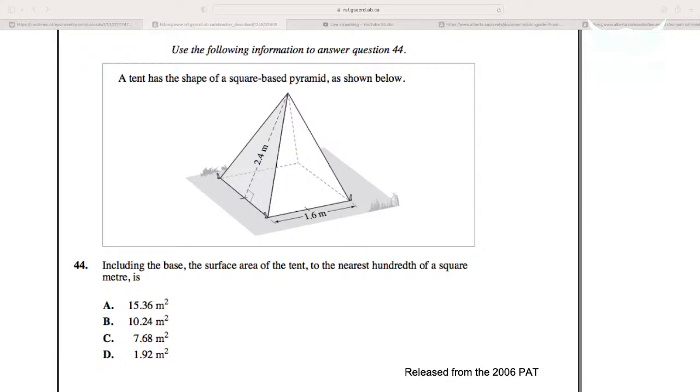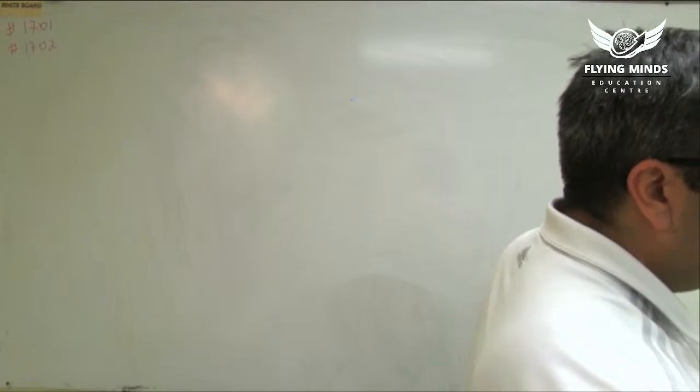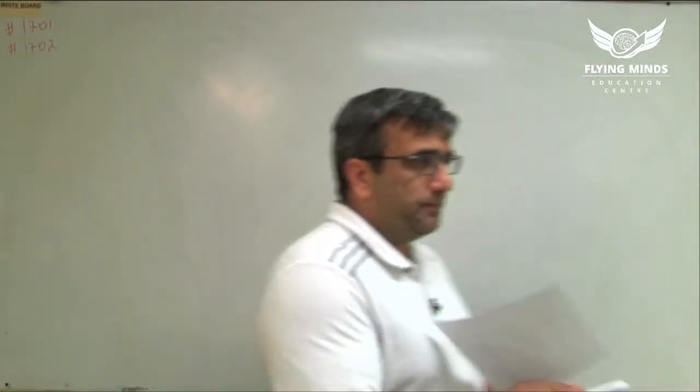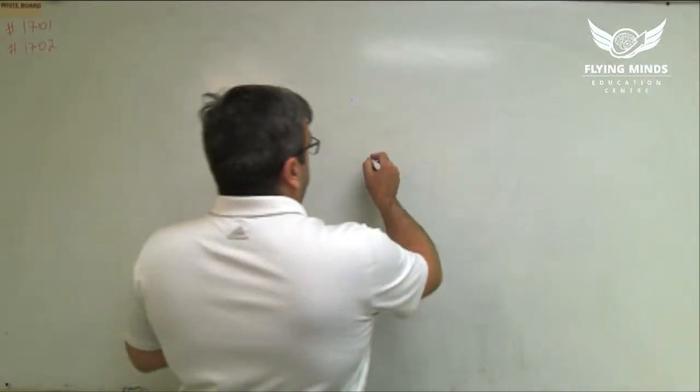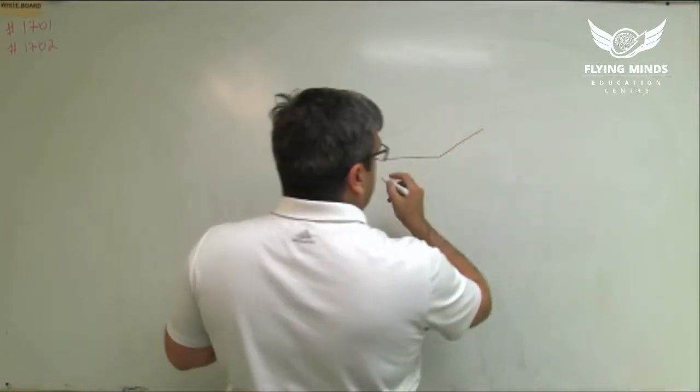Okay, so here we're given a tent, a square-based pyramid as shown below. Including the base, find the surface area of the tent to the nearest hundredth of a square meter. So we have a square-based pyramid.